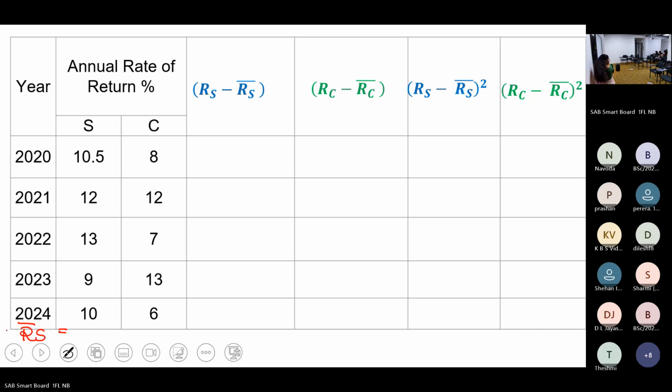The total is 54.5, divided by 5. How many years? 5 years. What's the average return for S? 10.9.